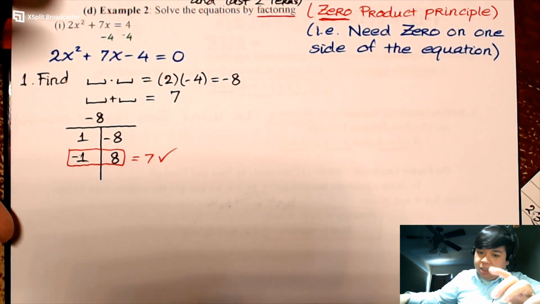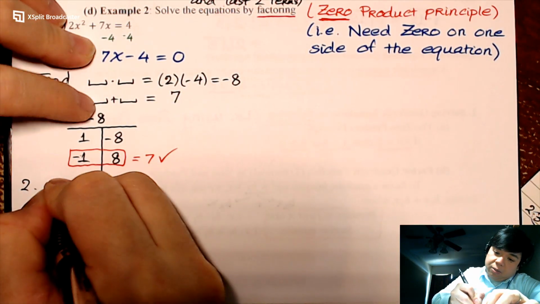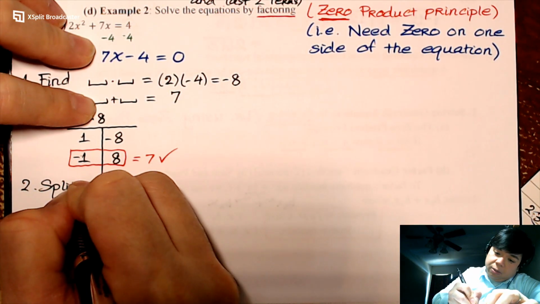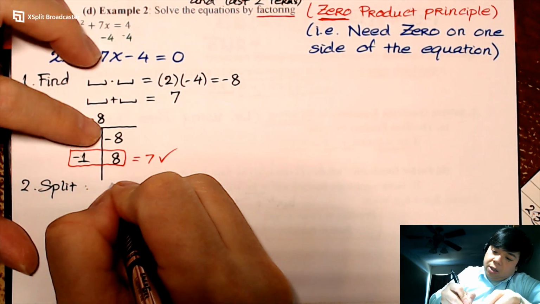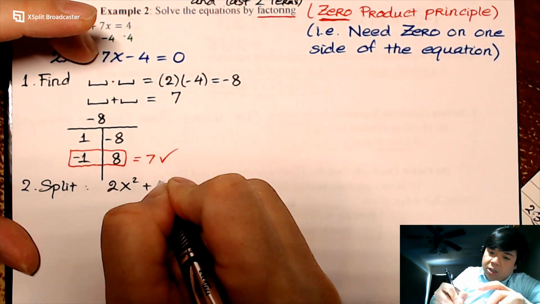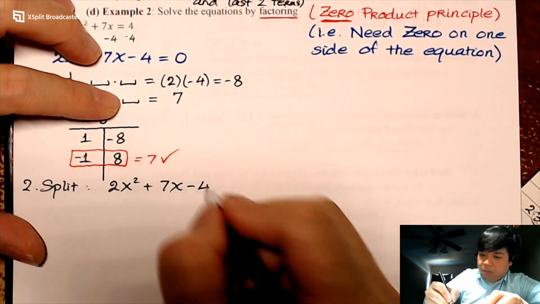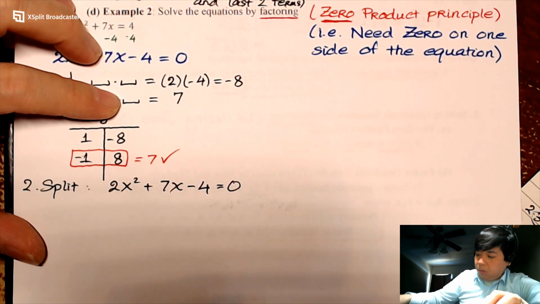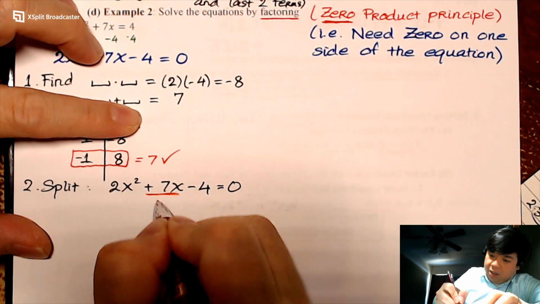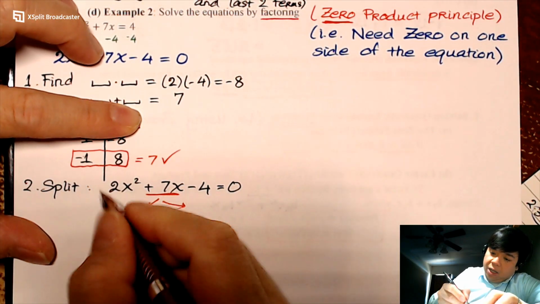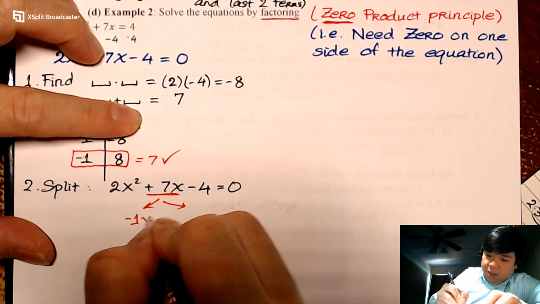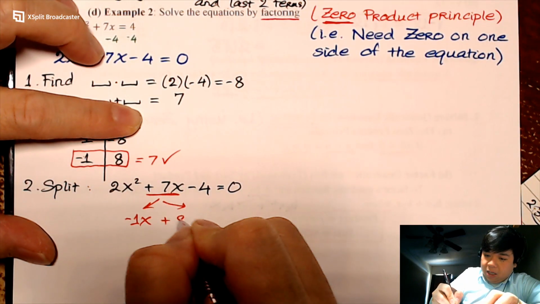Now we split 2x squared plus 7x minus 4. We split 7x into negative 1x plus 8x.